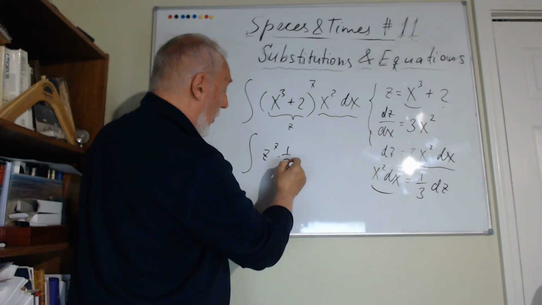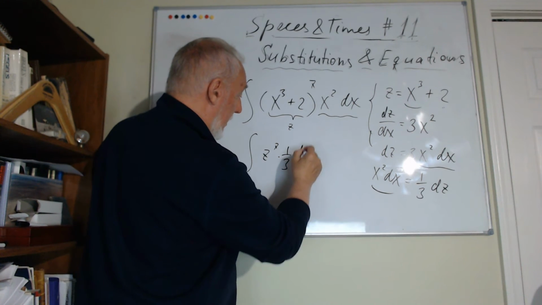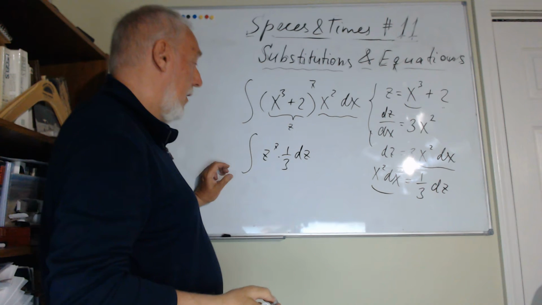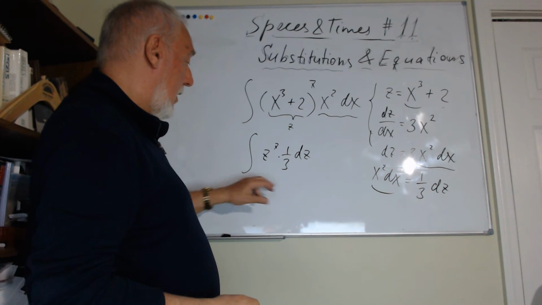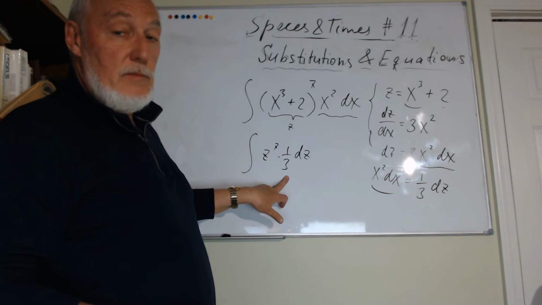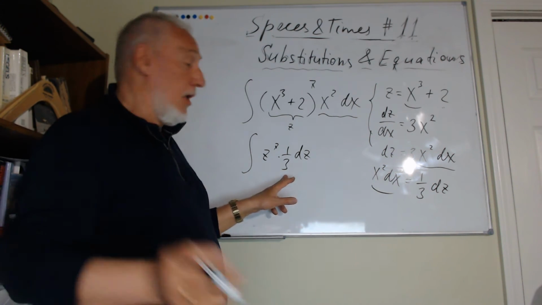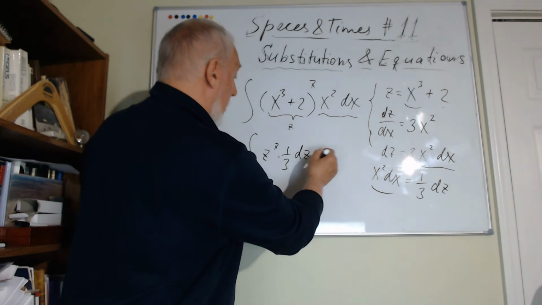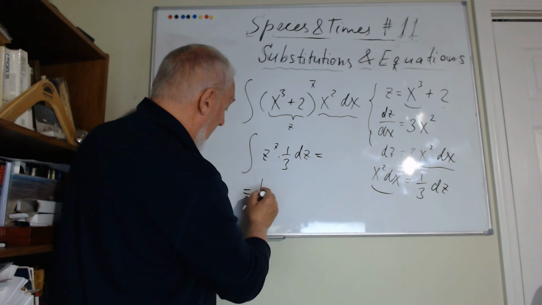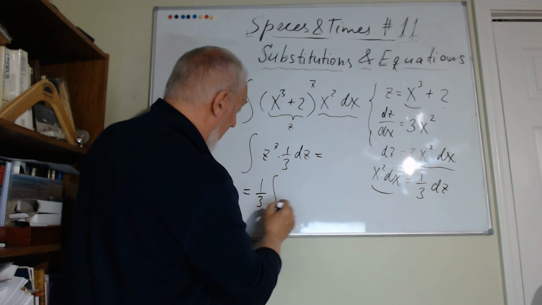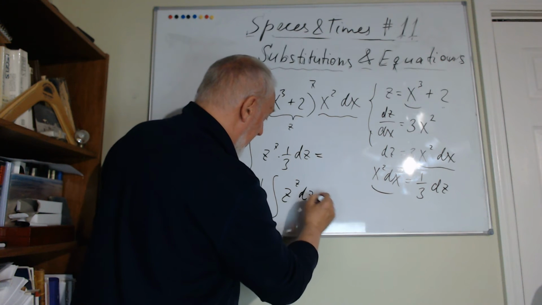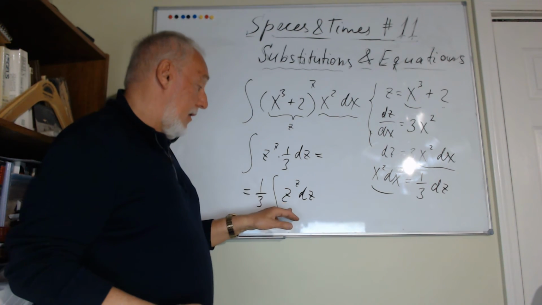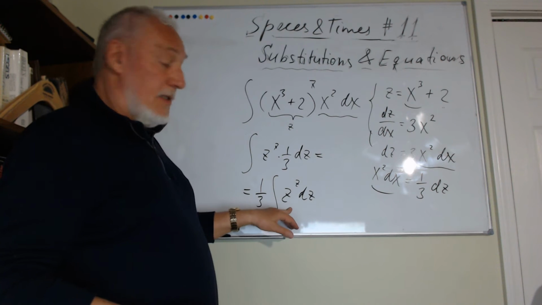It is 1 divided by 3 dz. This you will know from derivations, and when we calculate, it can be easily put here. So we have 1/3 integral of z^7 dz, and this is pretty simple.